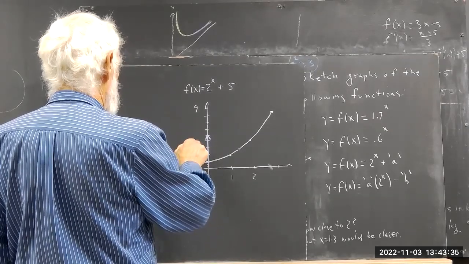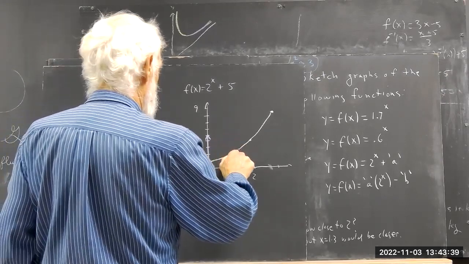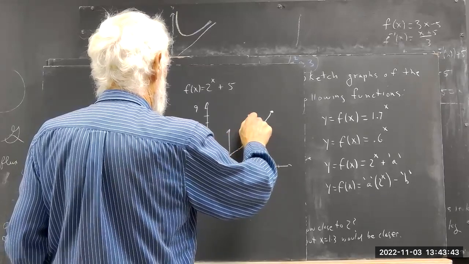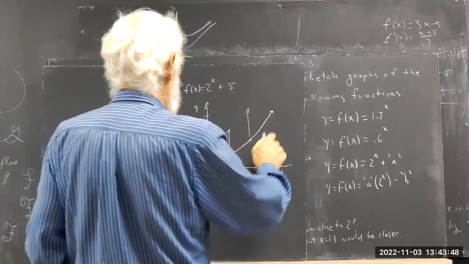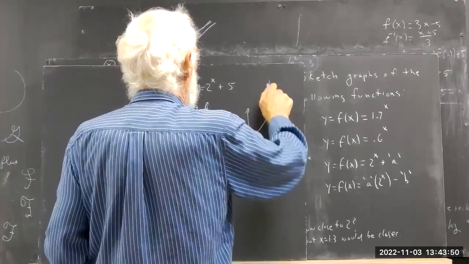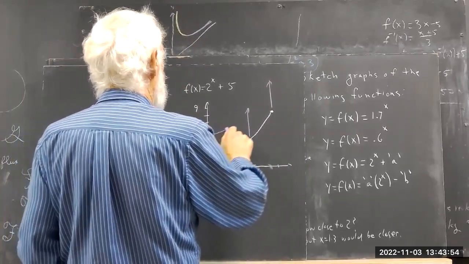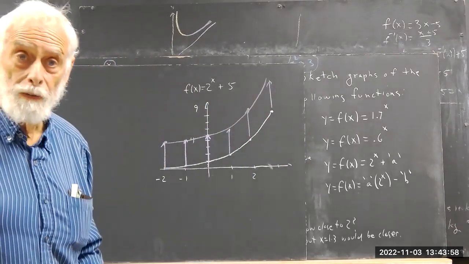And then we just do the same arrow on every other point. I have points here, here. We can actually look at there. There's a reasonable graph of 2 to the x plus 5.